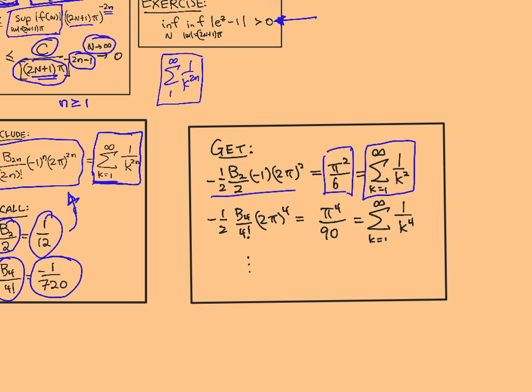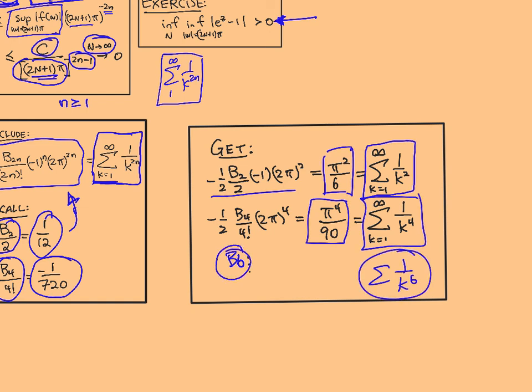And you can do the same thing with 4 to get pi to the 4th over 90, which gives you the sum of 1 over k to the 4th. And if you computed b6, you could get a formula for 1 over k to the 6th. And that's a good exercise to try. And you see exactly that these sums directly depend on these Bernoulli coefficients.